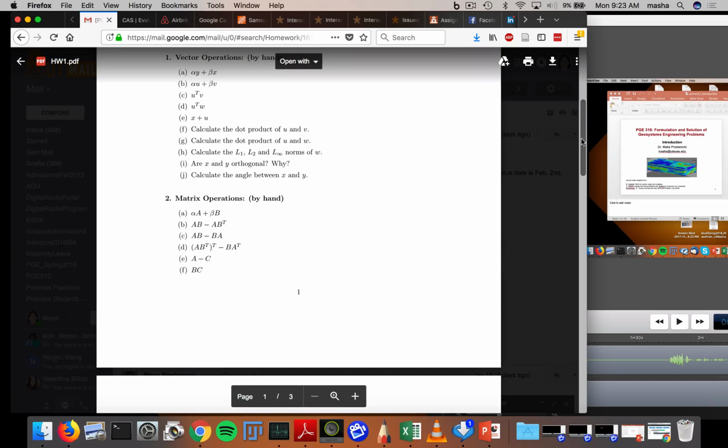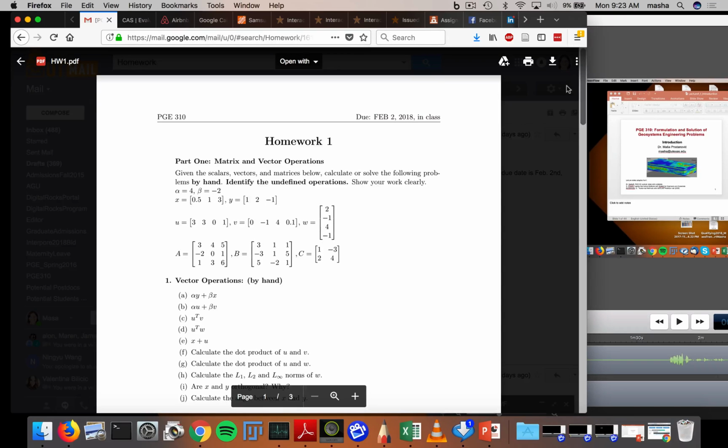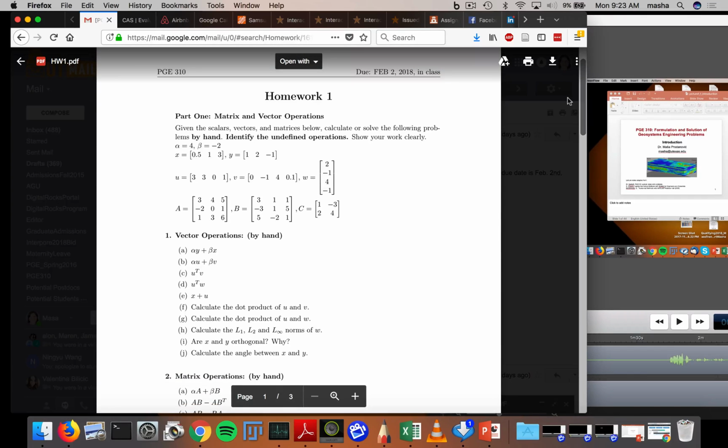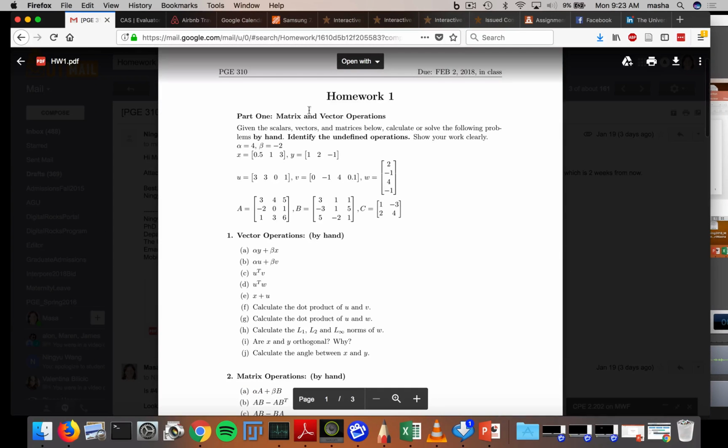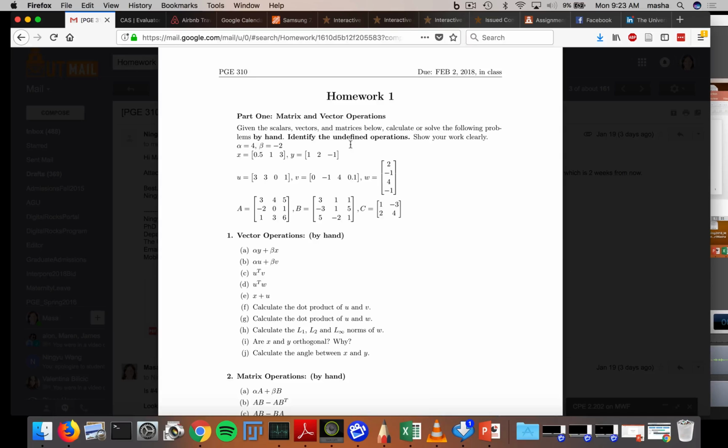It's going to get posted online a little later. But part 1 of the homework, matrix and vector operations, will be as follows.